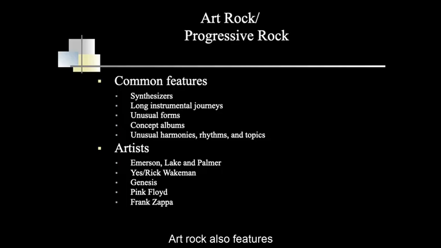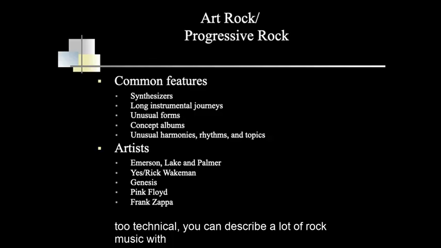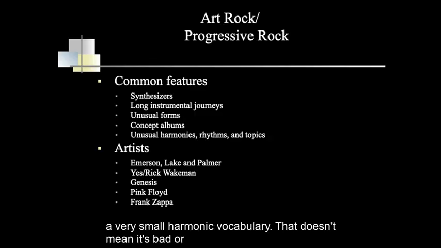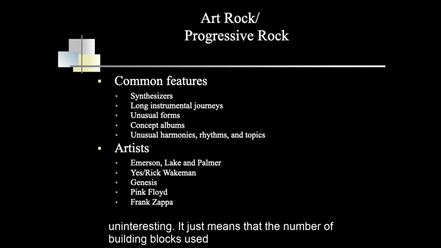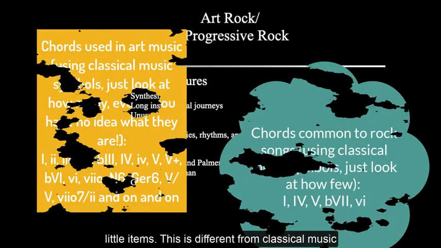Art rock also features unusual harmonies and rhythms and topics. Without getting too technical, you can describe a lot of rock music with a very small harmonic vocabulary. That doesn't mean it's bad or uninteresting. It just means that the number of building blocks used in 90% of rock music is pretty much 5 different little items.